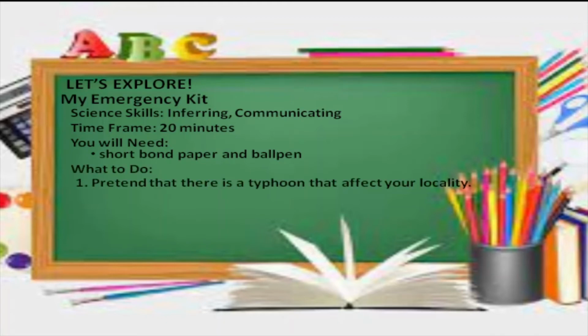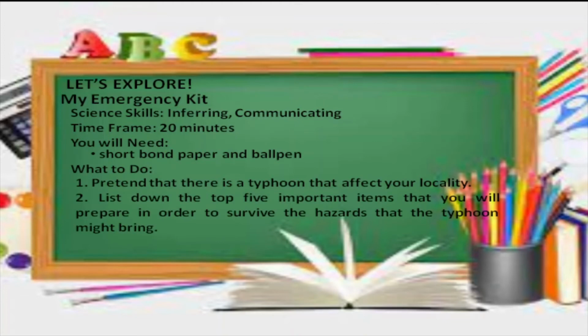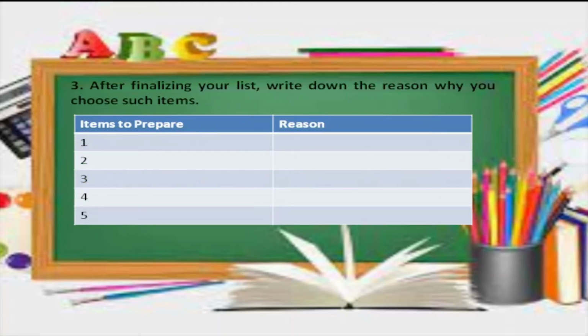Number 1, pretend that there is a typhoon that affects your locality. Number 2, list down the top 5 important items that you will prepare in order to survive the hazards that the typhoon might bring. Number 3, after finalizing your list, write down the reason why you chose such items.